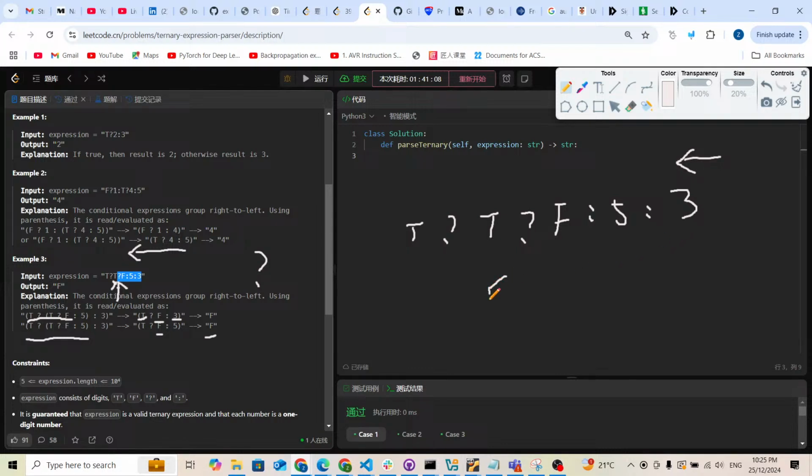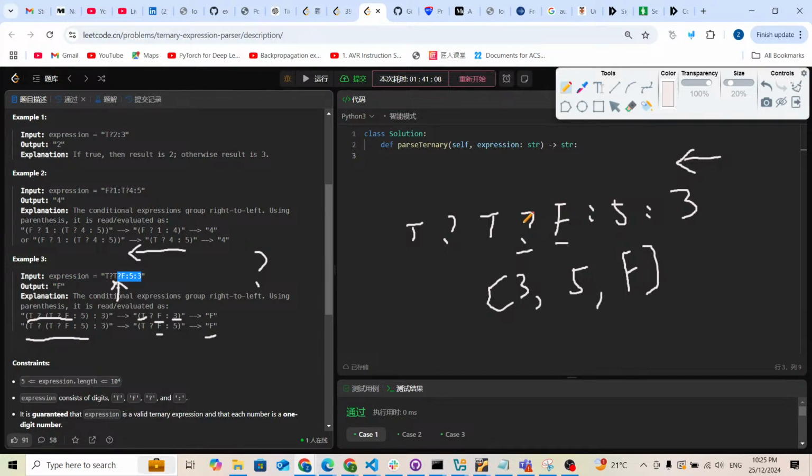If it is a number 3, we put it inside the stack. Now if it is a number 5, we put it inside the stack. Now if we find F, we still put it inside the stack. First of all, we put 3 inside the stack, and then 5, and then F. Do we need to put this question mark into the stack? No, we don't need to. We just need to use it to check.